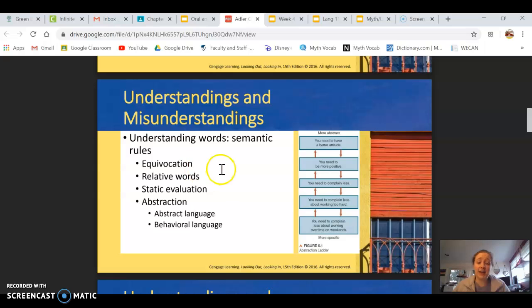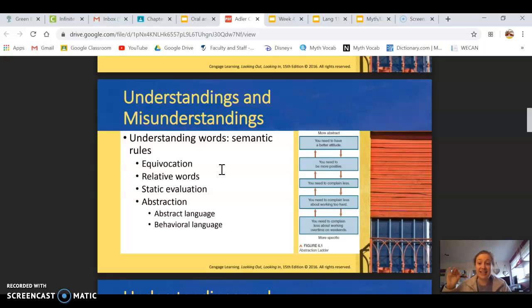And then static evaluation. This is the incorrect belief that people are consistent or unchanging. So it's using the term "is" a lot. So Mia is short-tempered. Nicole is incredibly talented.